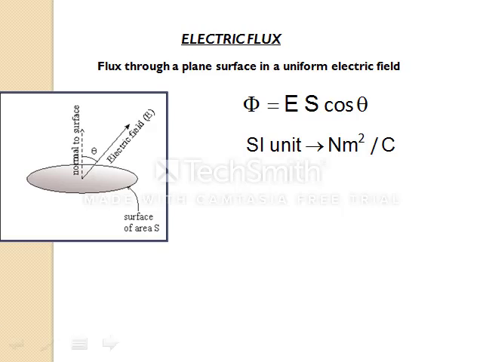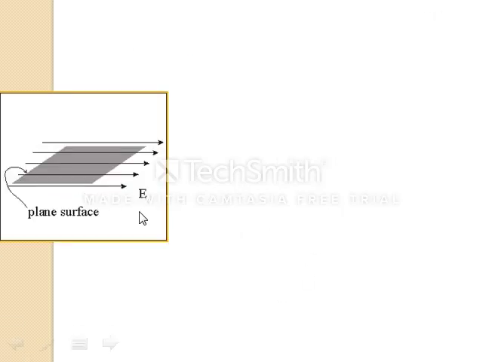So this is the basic way to calculate the flux through any given surface. Next, let us see a few examples of calculating flux. Some special cases. Consider this special case where we have a plane rectangular surface and this is the direction of electric field lines. The electric field lines are running parallel to the surface and we are supposed to find the flux through it.